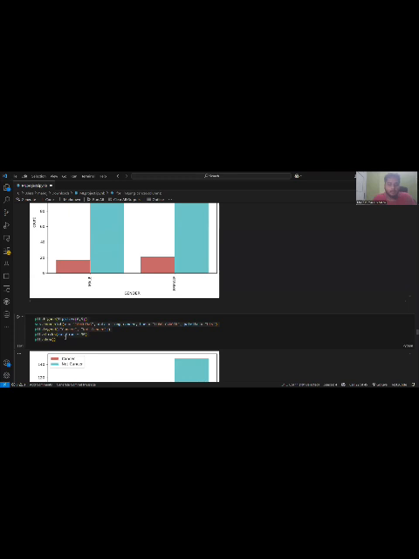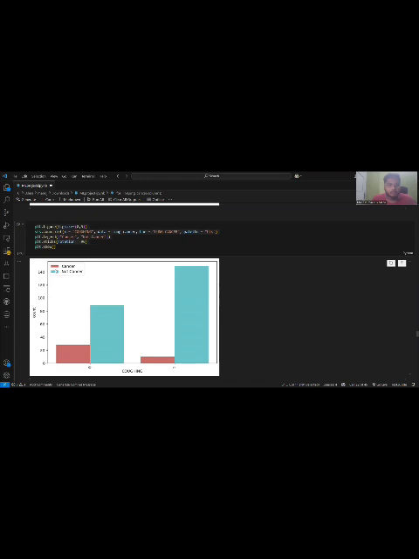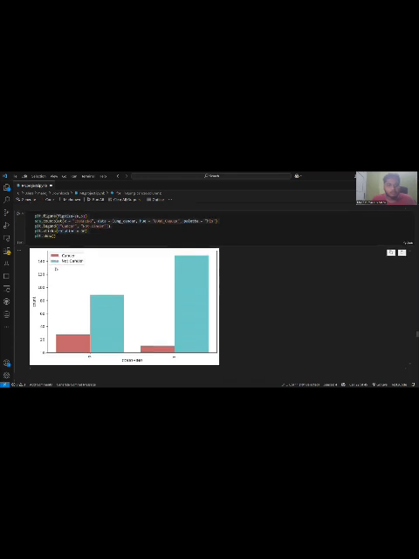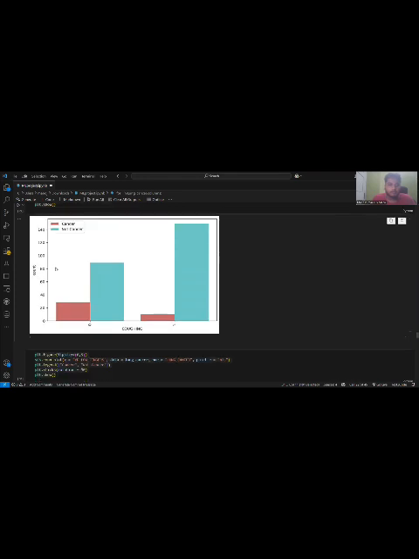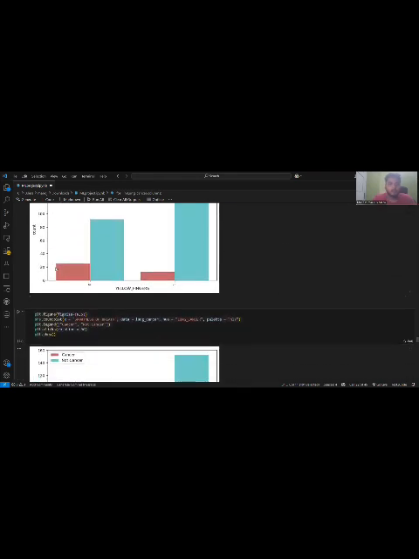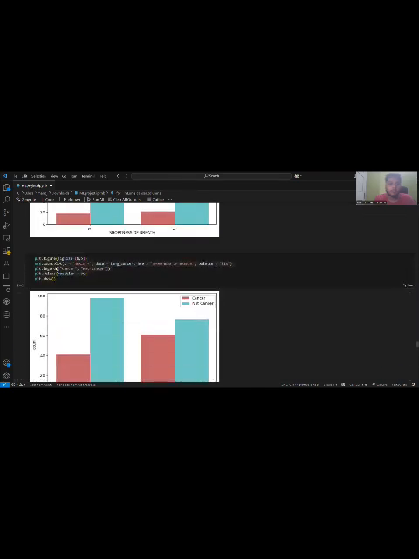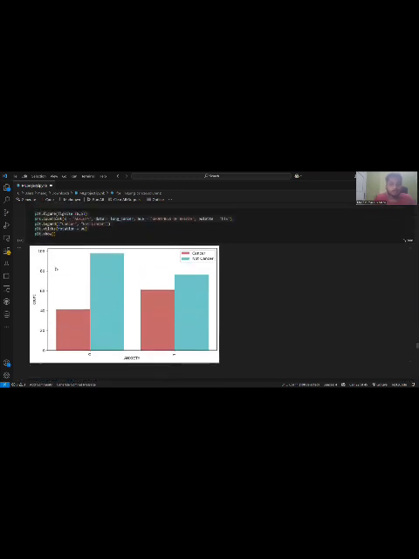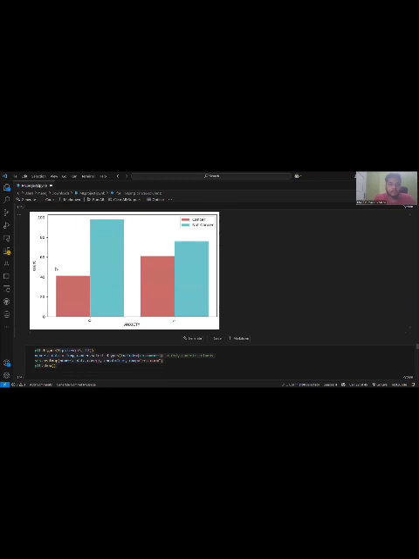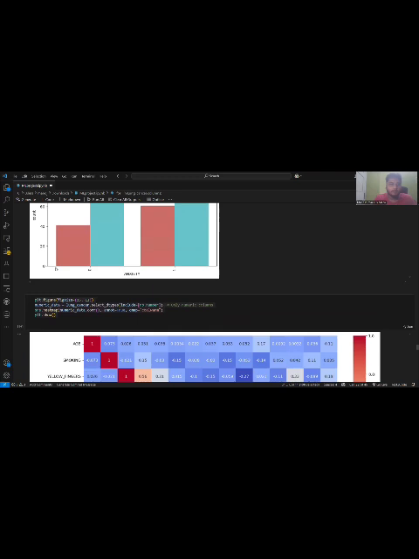It shows the difference for coughing, and for yellow fingers, cancer, and shortness of breath. It shows the difference for lung cancer in the count plots.